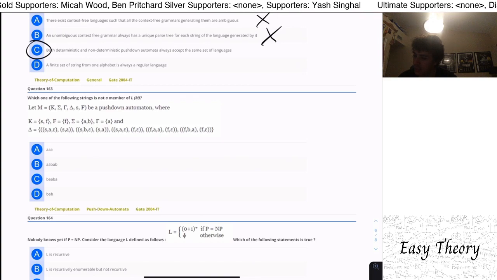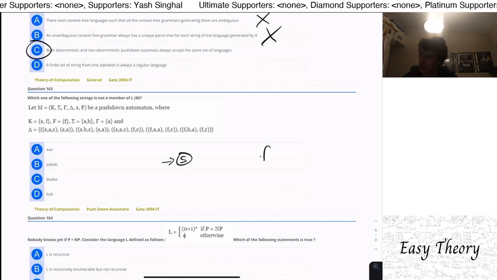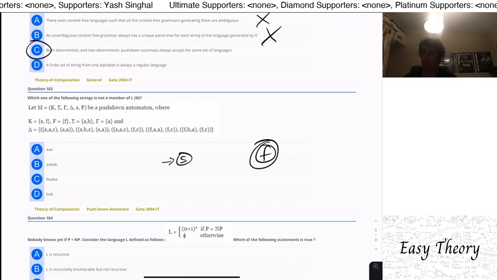K is the set of states. F is the final states. Let's see. So this machine looks like this.